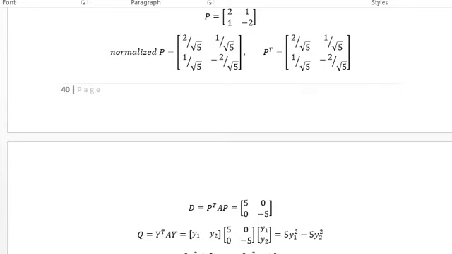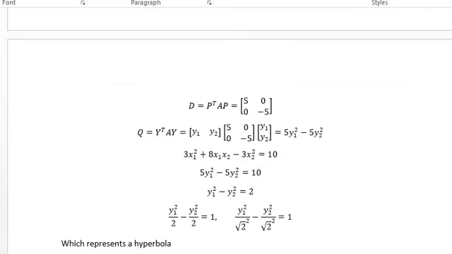The canonical form or the principal axis form is of the form lambda 1 y1 square plus lambda 2 y2 square. Your lambda 1 is 5 and lambda 2 is minus 5. So just multiply it and you will get 5 y1 square minus 5 y2 square. This is the principal axis form or the canonical form.